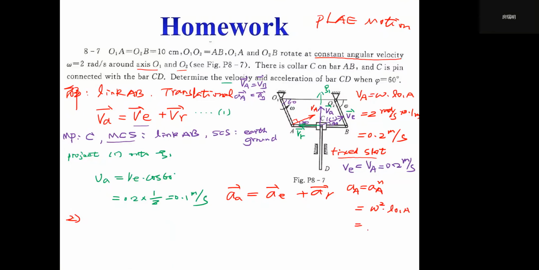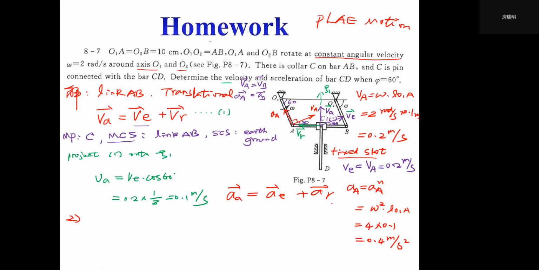So that is 4 times 0.1, so it will be 0.4 meters per second squared. So we can draw like this, because AA will be along this direction. So this is AA.